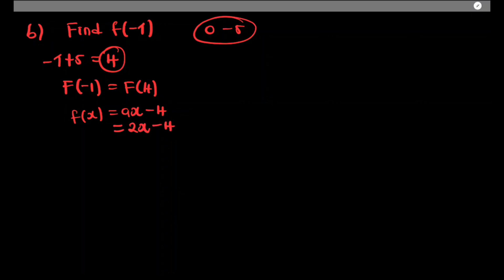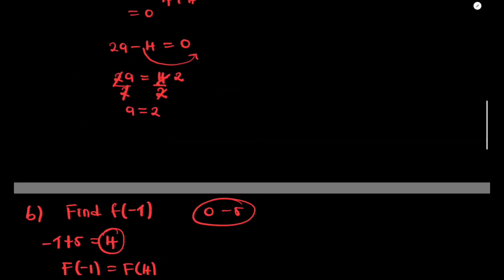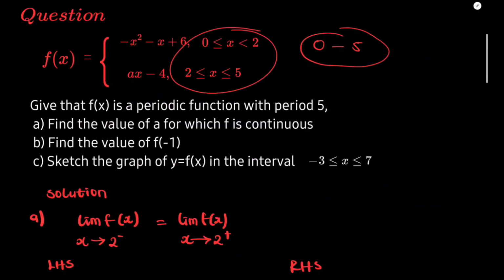Now we can substitute 4, so we are going to have 2 into 4 minus 4. This is 8 minus 4, which gives us 4. So we can say that f of minus 1 is equal to 4. Okay, that is the B part. Now let's go to the C part.